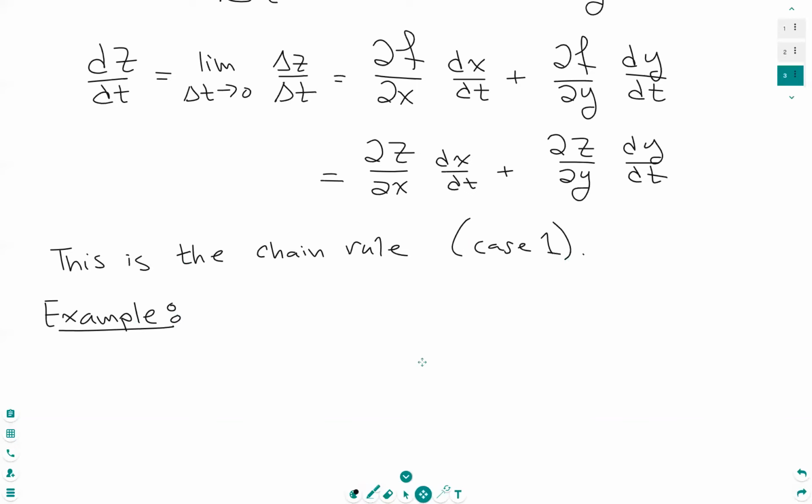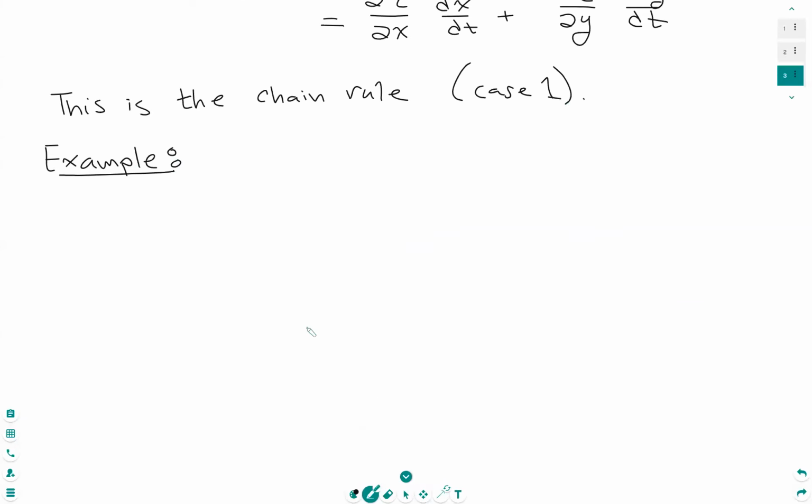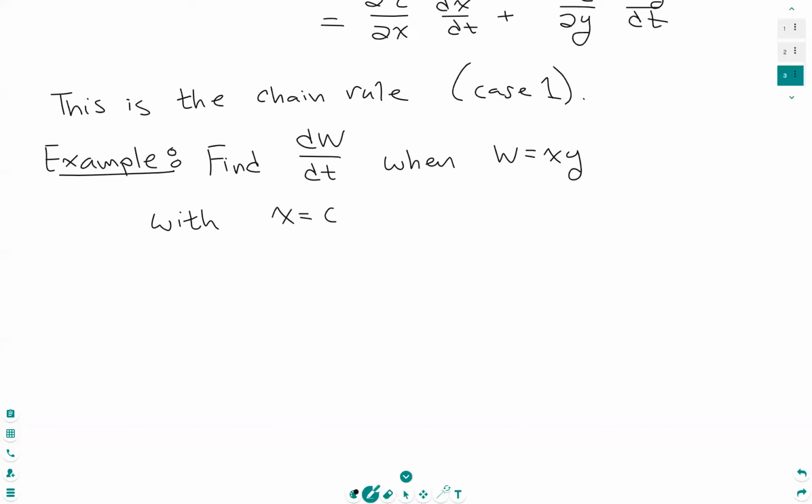So let's do an example. We're going to find dw/dt when w is equal to x times y, where x is equal to cosine of t and y is equal to sine of t.